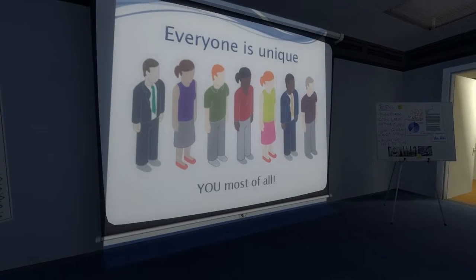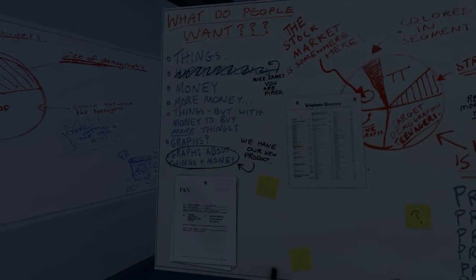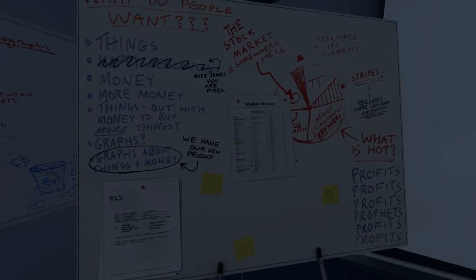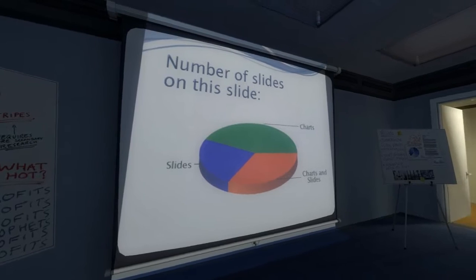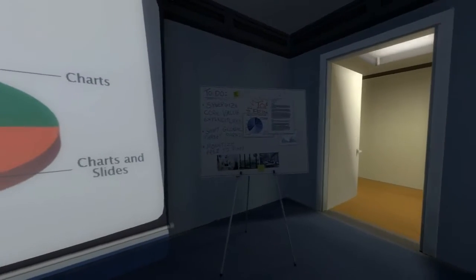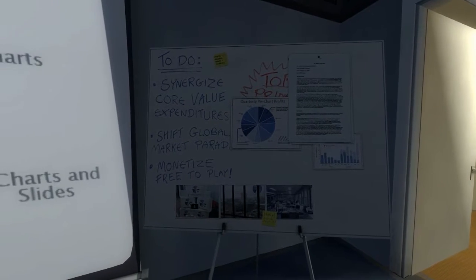Everyone is unique, you most of all, which is stupid. We have our new product graphs about things plus money. Number of slides on this slide, charts and slides. It's just amazing.